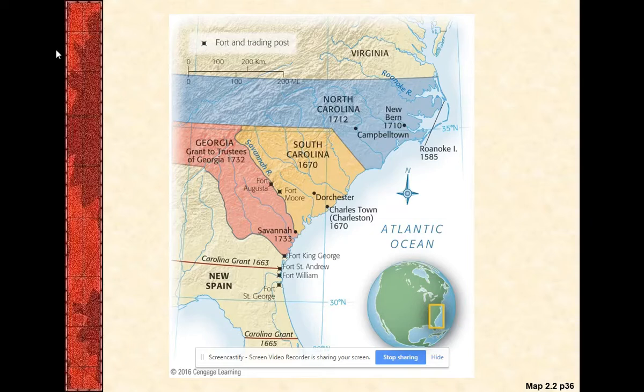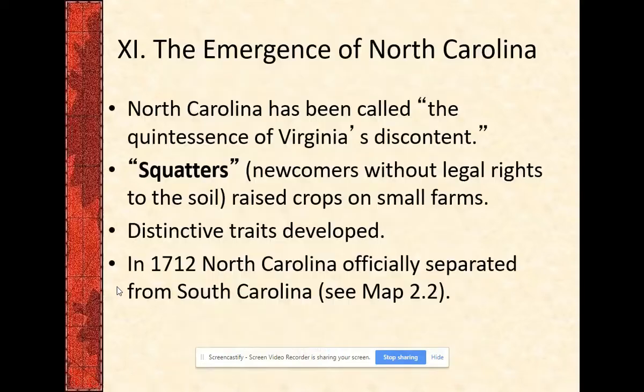You can see that Carolina covered an expansive territory that stretched from the southern border of Virginia to the northern border of present-day Florida. Much of this wilderness was too far from the capital of Charlestown to control effectively.